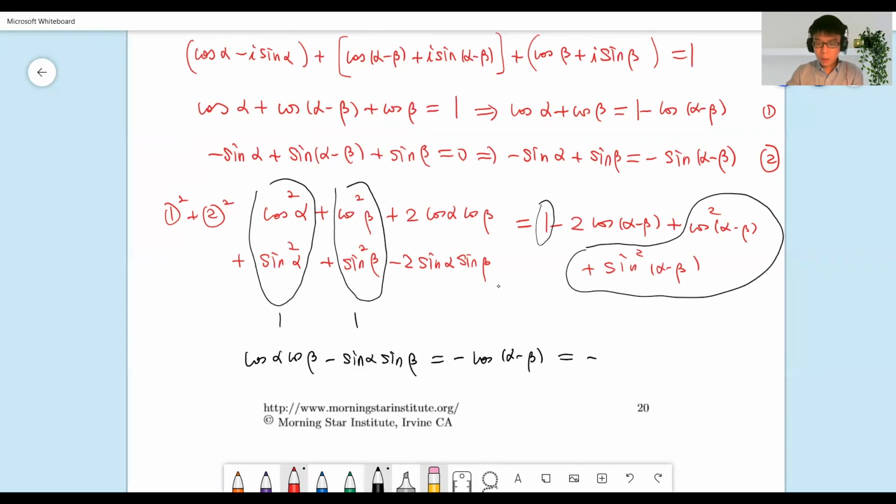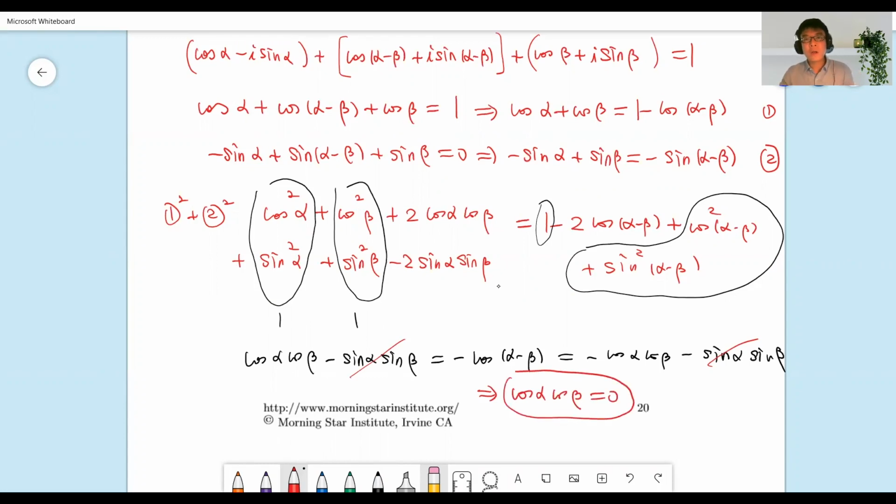This equals minus cosine alpha cosine beta minus sine alpha sine beta. Now the sine part can be cancelled, and the cosine parts are opposite to each other. So we have cosine alpha times cosine beta equals 0. So either cosine alpha equals 0 or cosine beta equals 0.